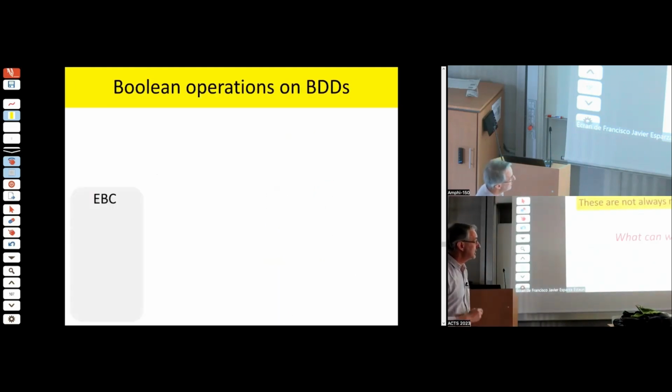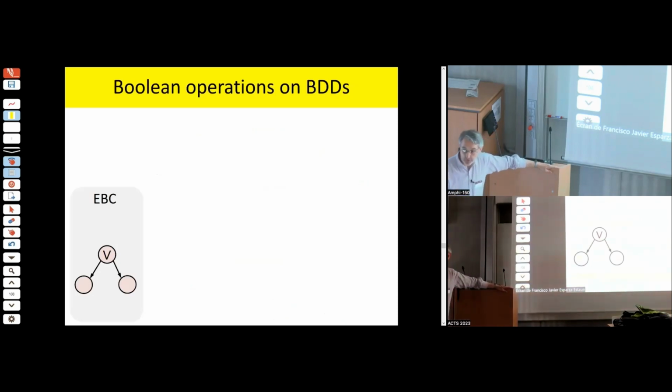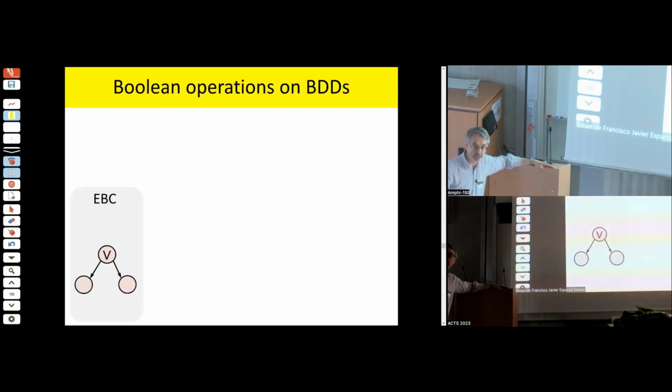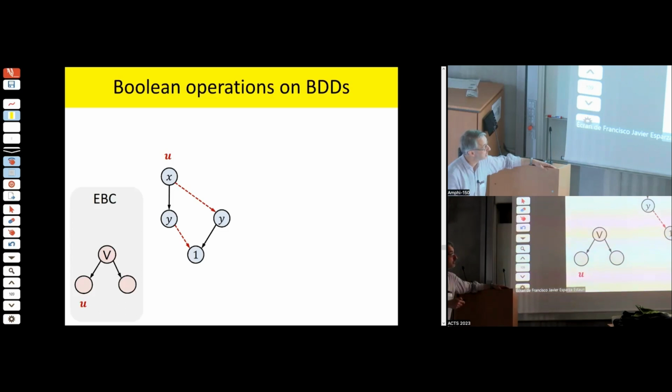So what can we do? We are going to do the following. Remember how probably at some point, I hope you have heard about BDDs or learned a little bit how to construct BDDs. In particular, if you have a BDD node here, U, imagine it is this one, and this is the BDD for that node, right? And imagine that you have another BDD node, V, for this node.